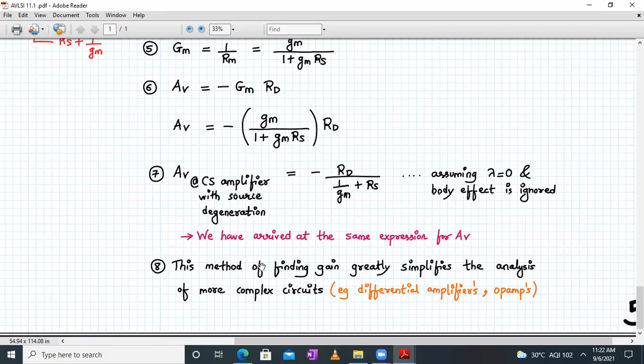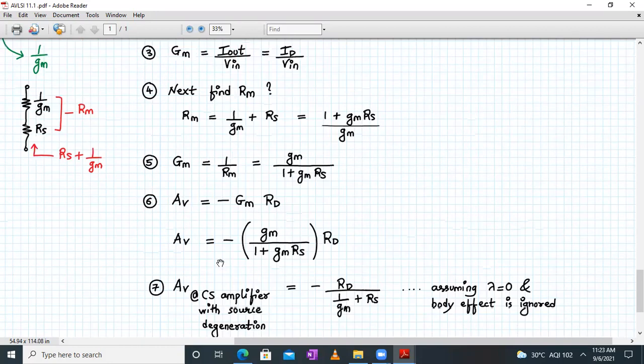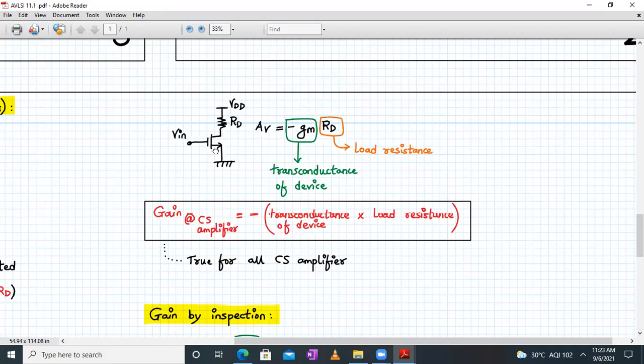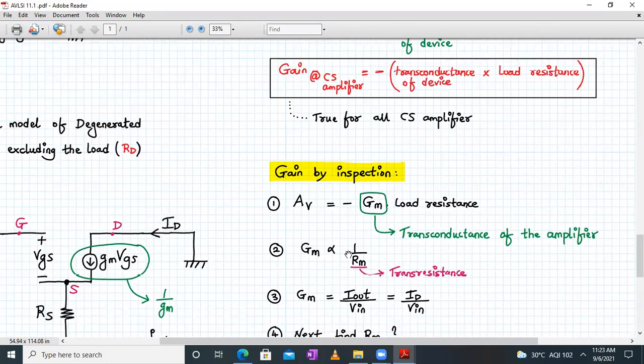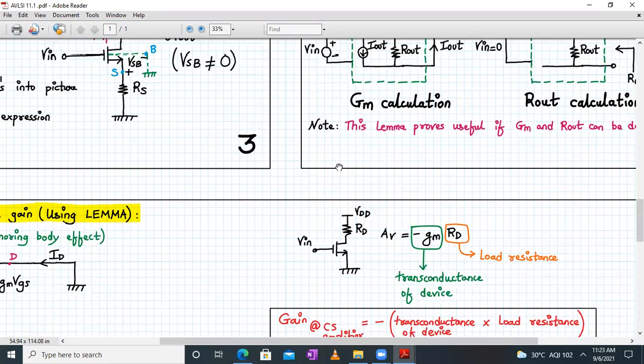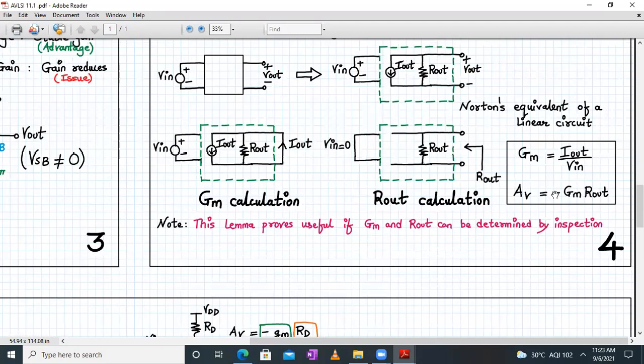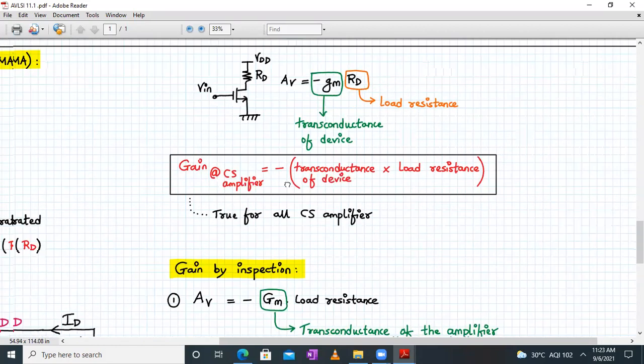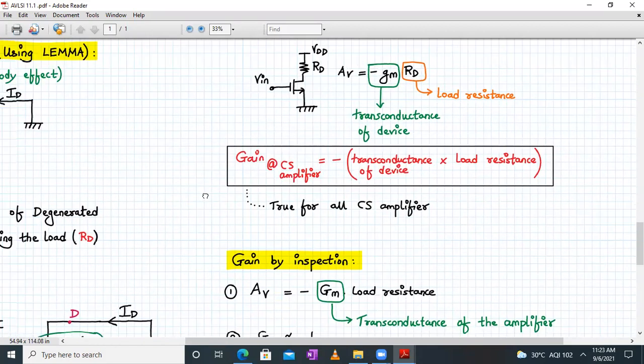This technique of finding the gain greatly simplifies the analysis of more complex circuits, like differential amplifiers or op-amps. Let us revise. The gain of the small signal amplifier is minus capital Gm into Rout. Rout is RD only here.